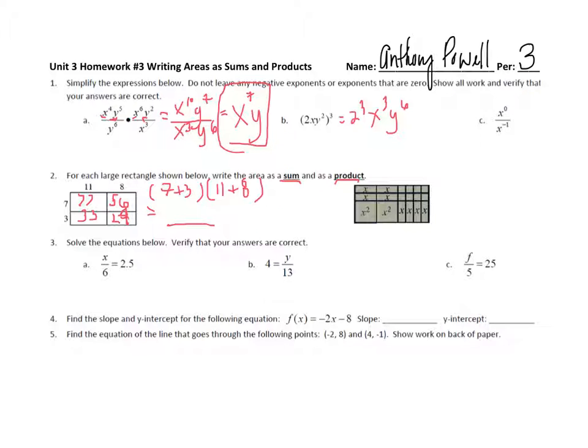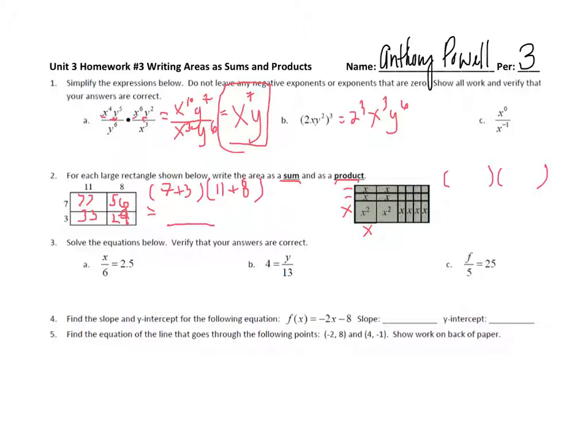Over here, when we come up with the sum, it's pretty easy because we've got x squared and x squared. We have 1, 2, 3, 4, 5, 6, 7, 8 x's and 1, 2, 3, 4, 5, 6, 7, 8 units. But how do we do a product? Well, we have to look at the sides. Remember to put them in parentheses. This side is an x, just like this side is an x. That's a 1.